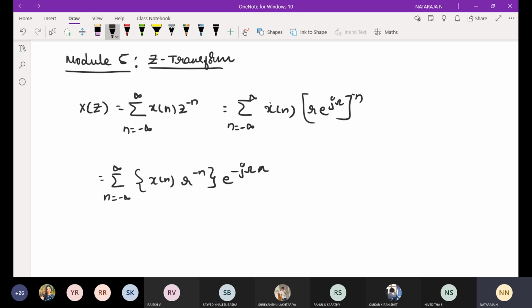What is the purpose of learning Z transform? We need to analyze discrete time signals and systems, and we need to design digital filters.